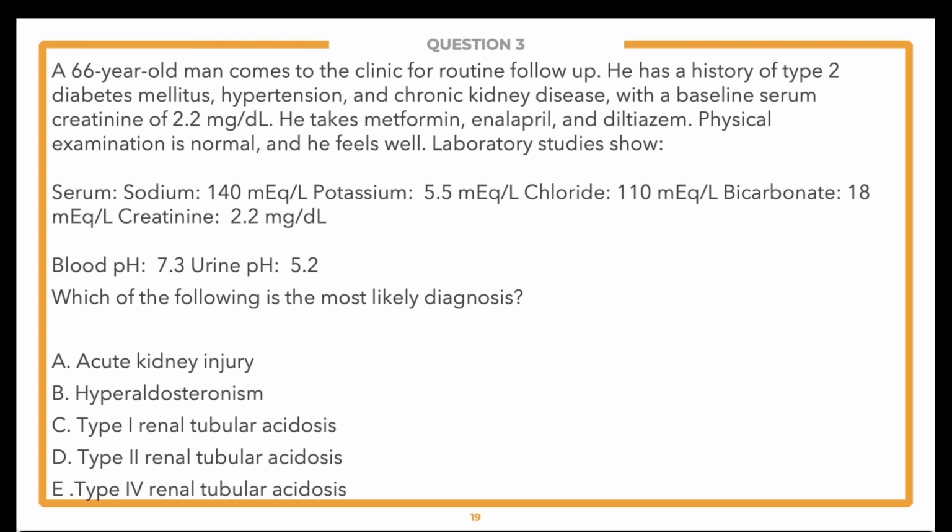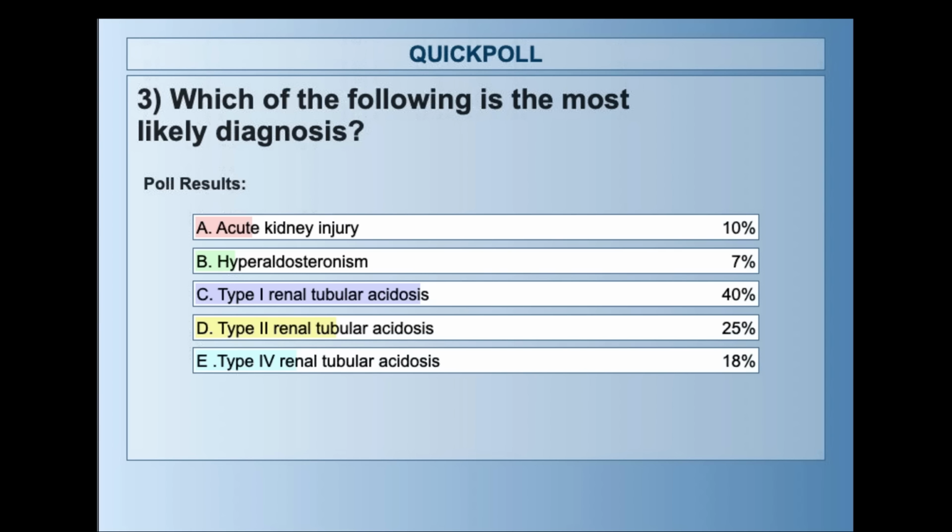and share the results. So about 40% of you went with type 1 renal tubular acidosis, while about a quarter of you went with type 2, and then trailing that, type 4. So the vast majority of you went with one of the types of renal tubular acidosis.